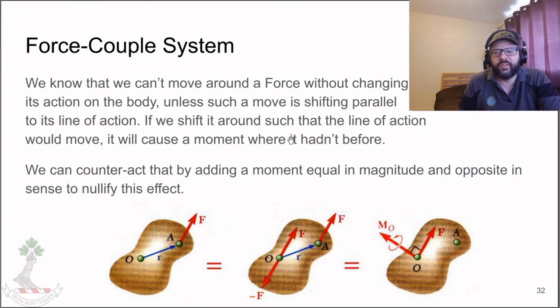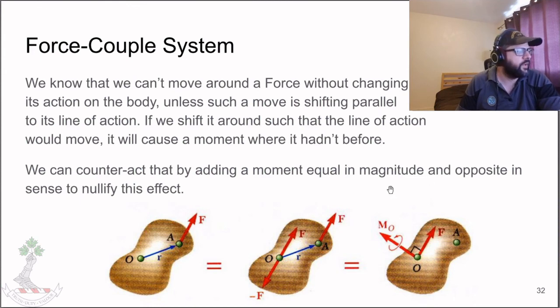We also have this concept called a force couple system. Basically, this is what allows us to shift around the forces that are on our diagram and replace them with equivalent forces.